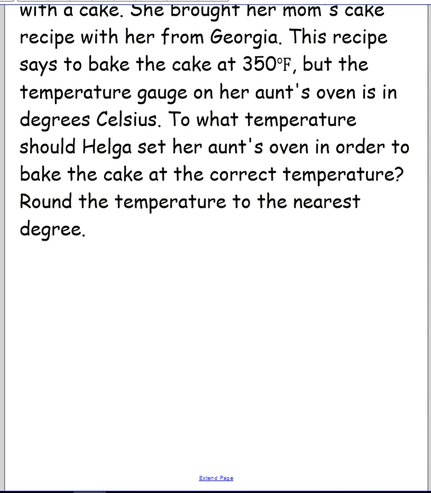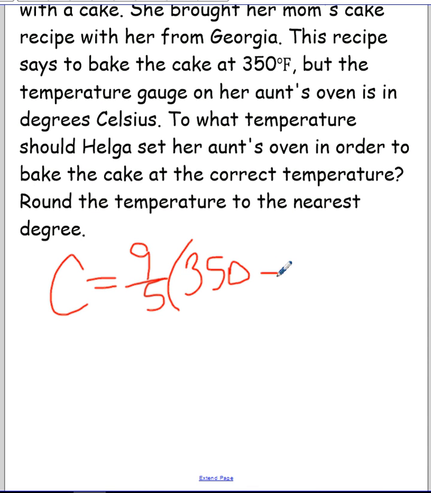So again, let's take a look at that formula that we have on our sheet. C equals 9/5 times parentheses Fahrenheit minus 32. So we'll plug in 350 Fahrenheit minus 32. If you're typing this all in the calculator at once, make sure you use parentheses. Otherwise, do the 350 minus 32 and hit equals.